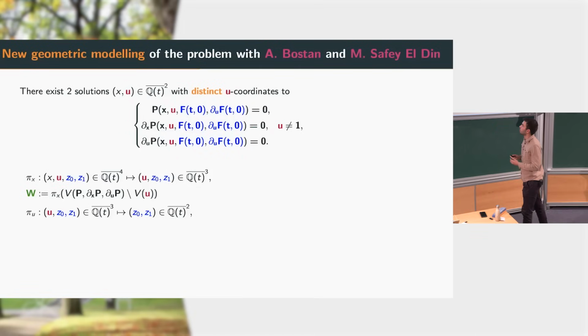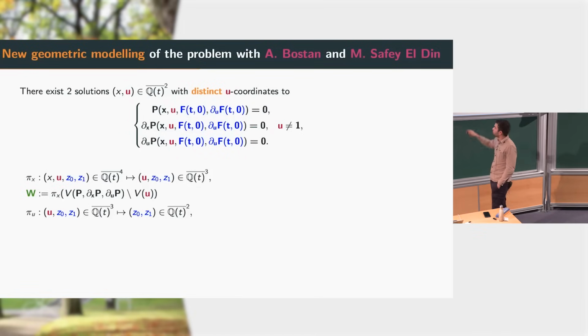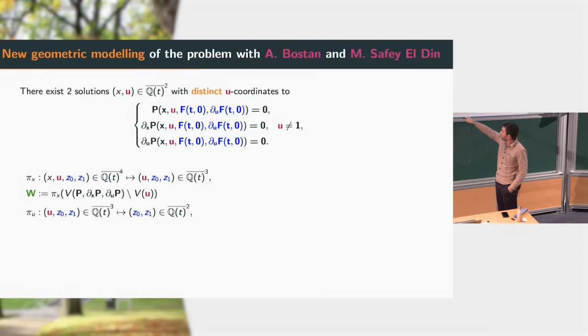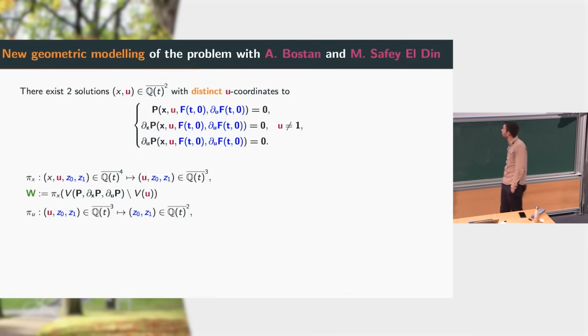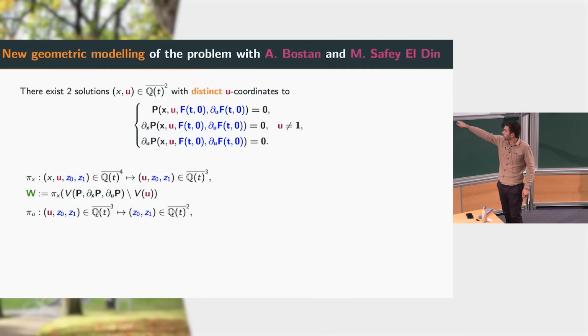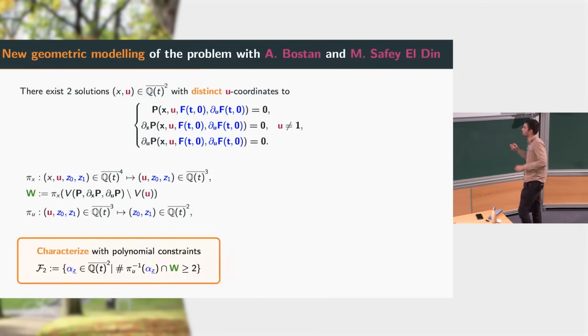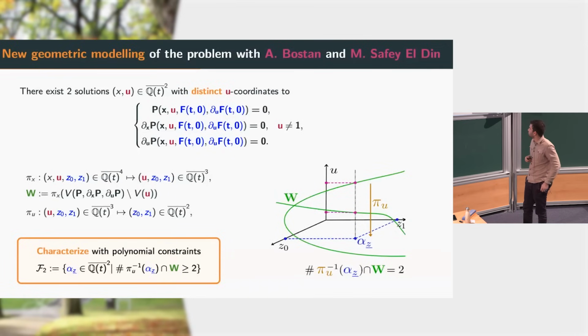Fixing the blue coordinates means that you take a point in the projection, pi u, of your projected solution set, and you are studying the cardinality of the fibers with respect to pi u. As I told you, it's just about some cardinality condition, so let's try to visualize it with a picture.